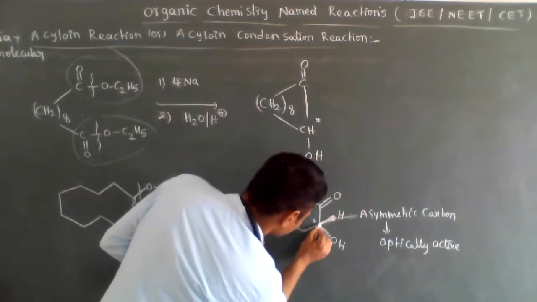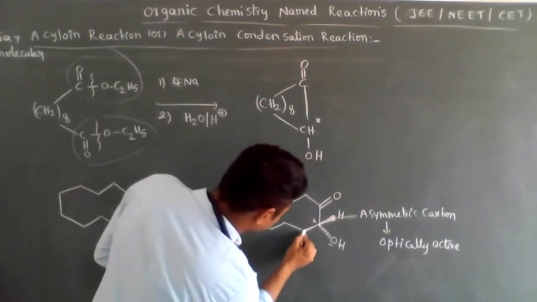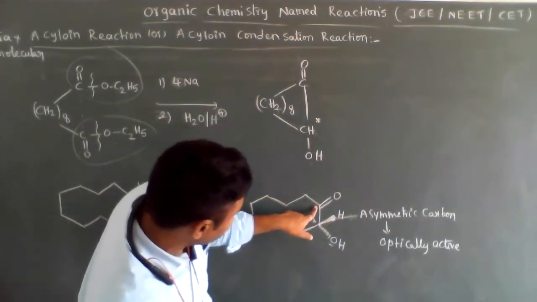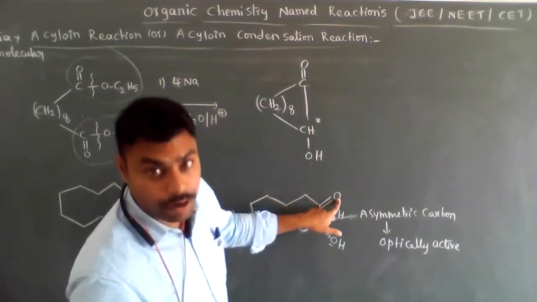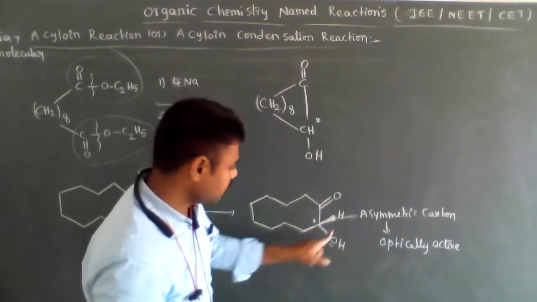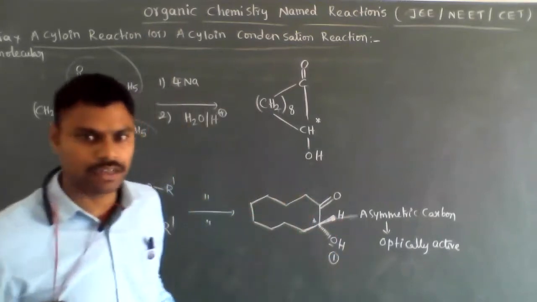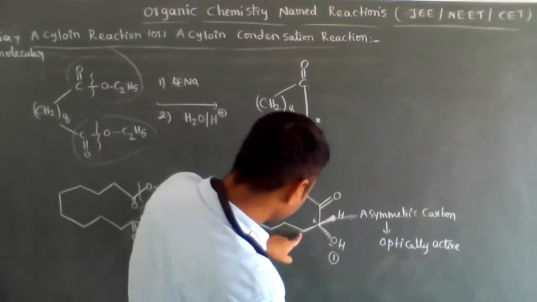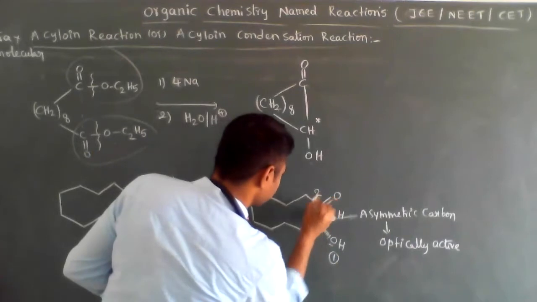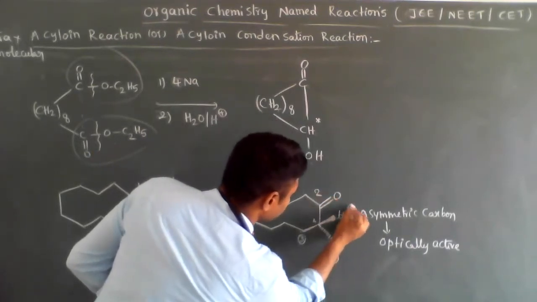This chiral carbon is attached first to oxygen, and here carbon, and here also carbon, but the next atoms of that carbon are C double bond O. A double bond means we need to consider two atoms, so oxygen is counted. Here only hydrogen is present. So the highest priority group is this one. The second has carbon, carbon, and next atom oxygen, so it is the second priority group. Then this is the third, and the least priority group is hydrogen.